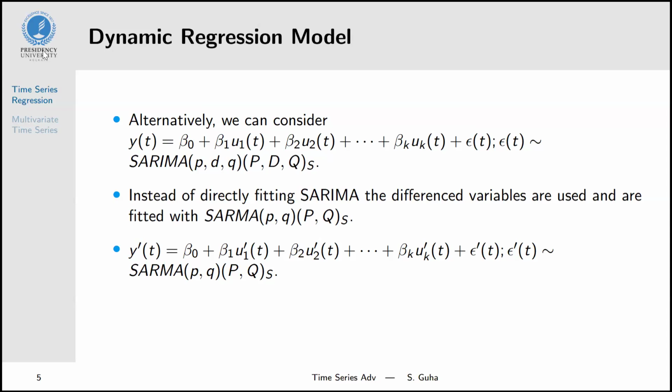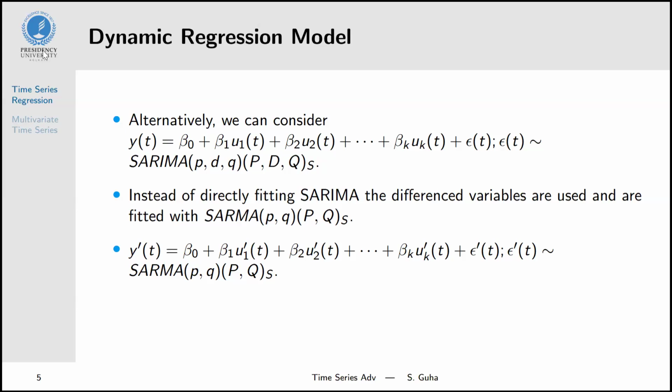The sole objective of fitting a model to observed data is to estimate the unknown parameters. So that is done in this manner. This is how one can use a dynamic regression model to estimate and explain the relationship between these variables.